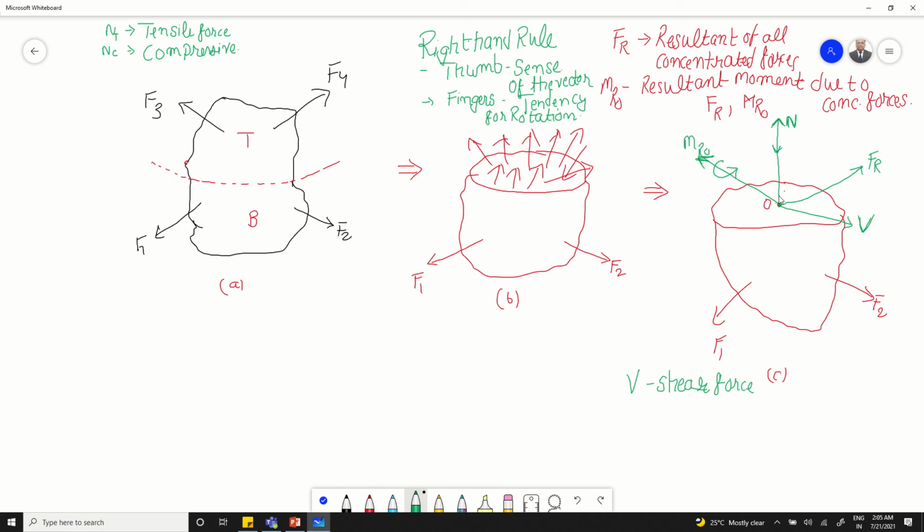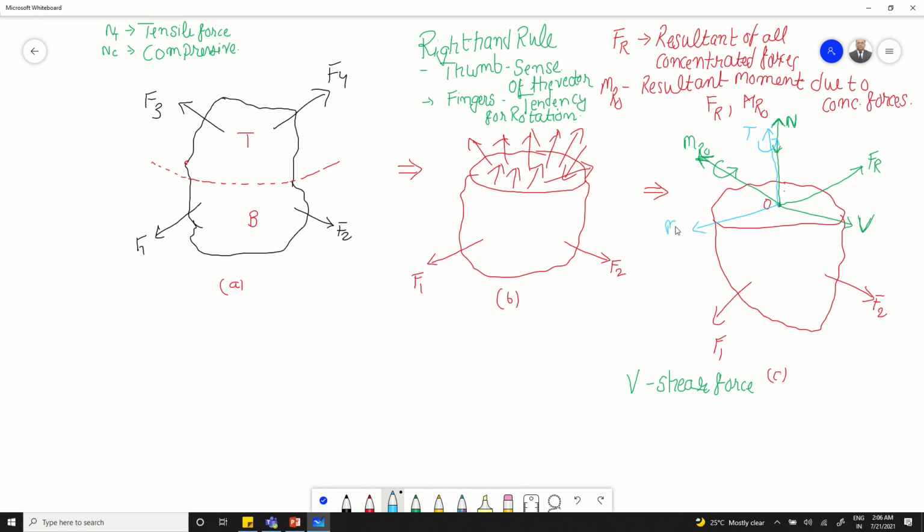Similarly, the moment also has two components. One is T, which is the twisting moment or the torsional moment. If we use the right hand rule, the direction will be anti-clockwise, and this will tend to twist one section of a body with respect to another section. And there will be another component which is just parallel to this exposed area.